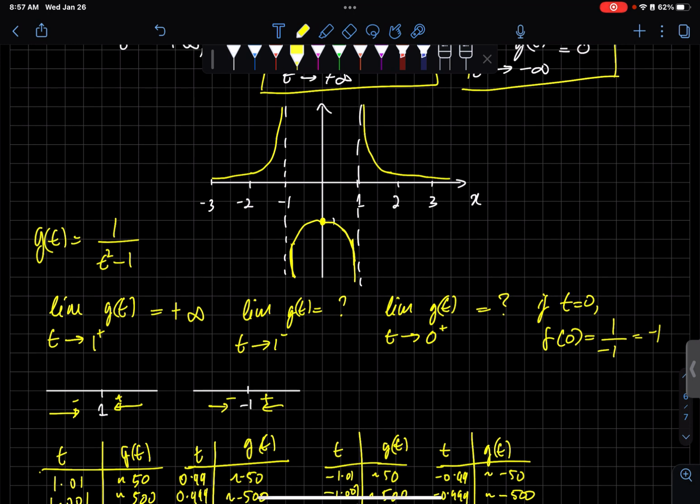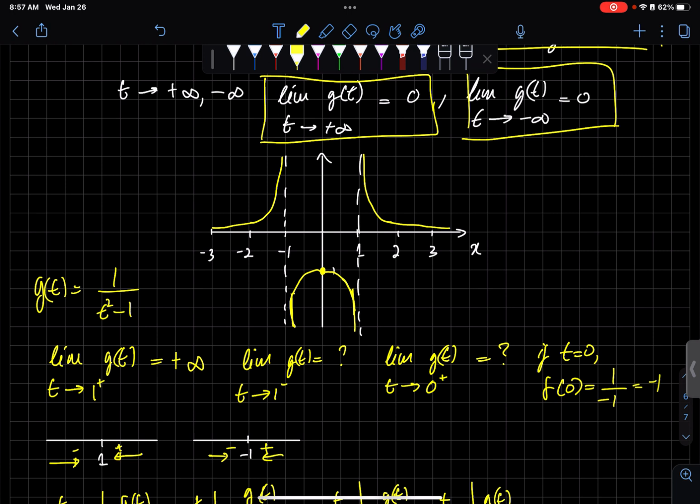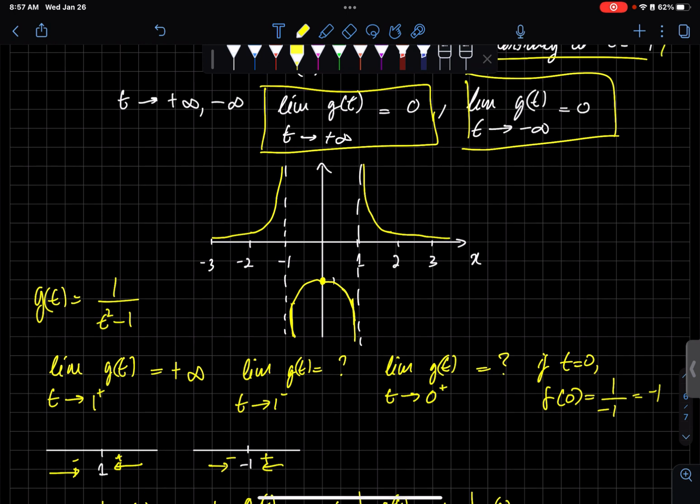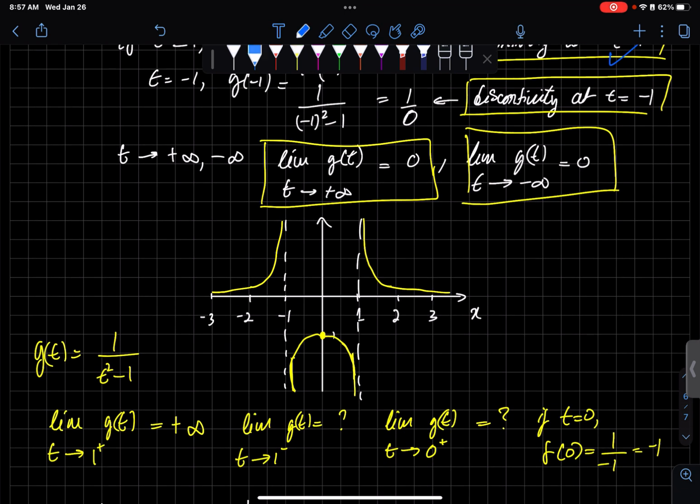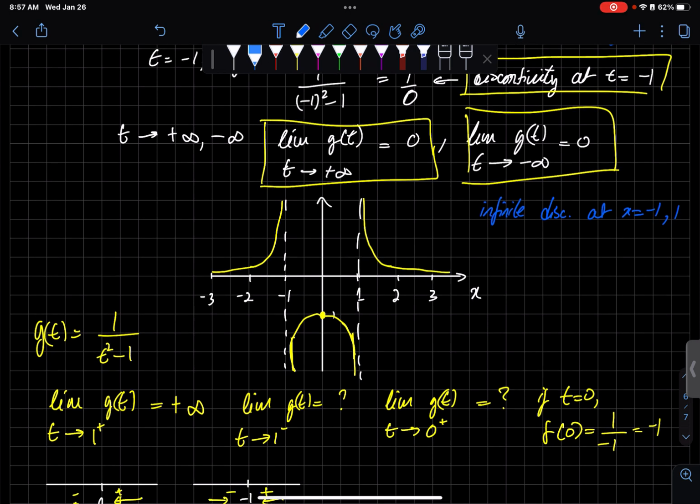To answer our question, we see that there are 2 infinite discontinuities, at x equals -1 and 1, and that's about it.